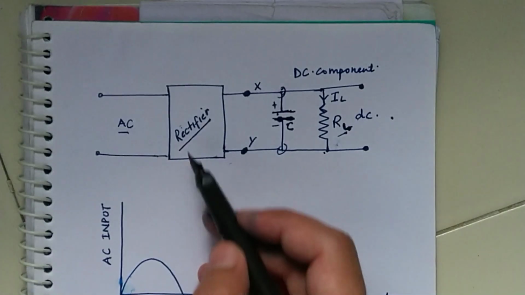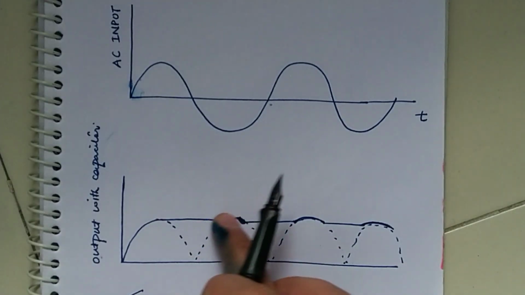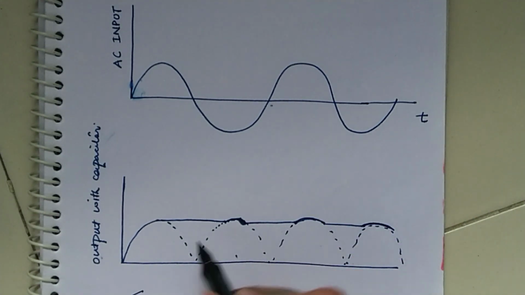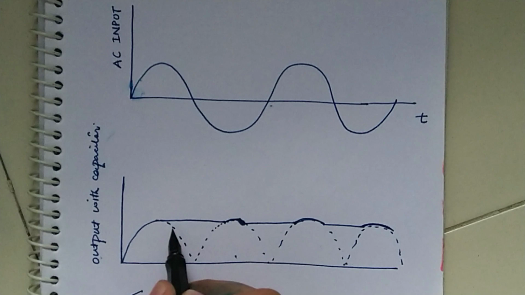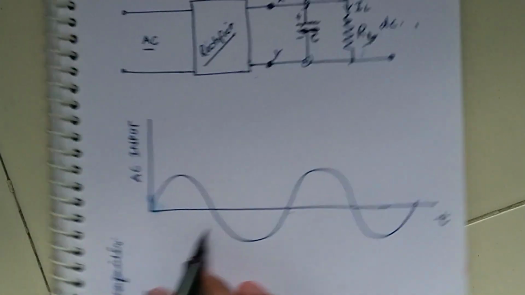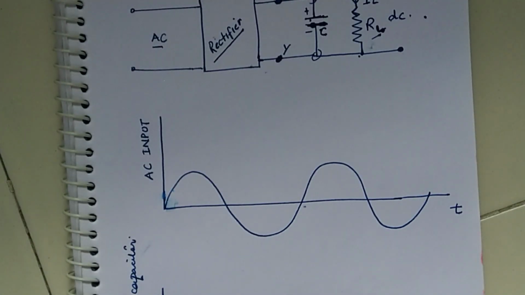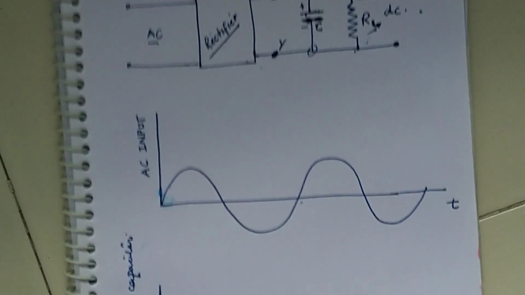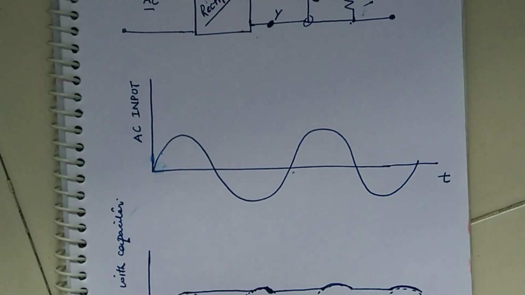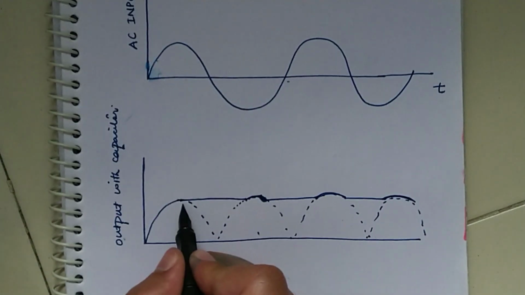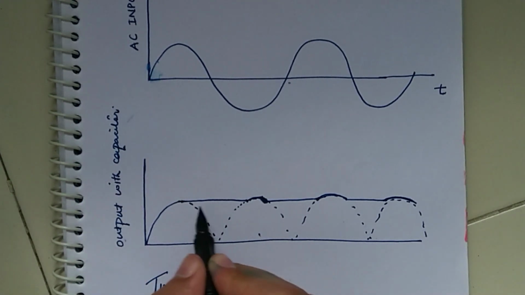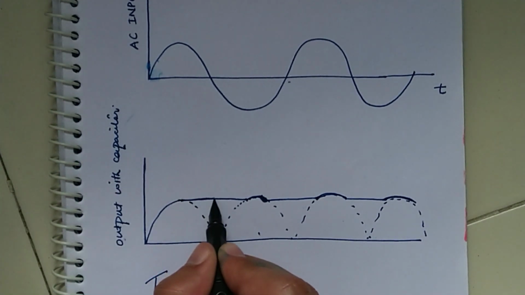So we have this full wave rectifier. The output of the full wave rectifier will be such that at this point, when the voltage was dropping, this fall of voltage is retained by this capacitor.